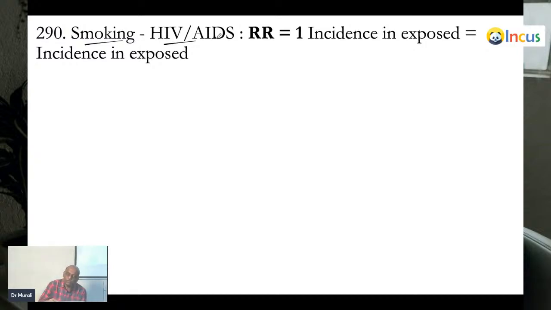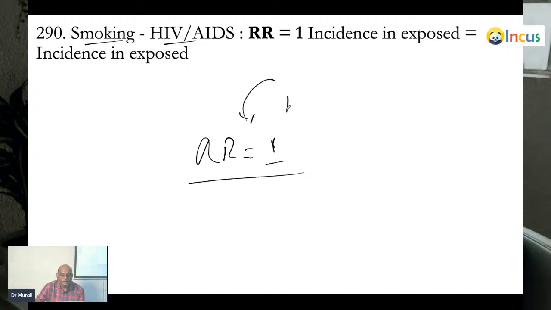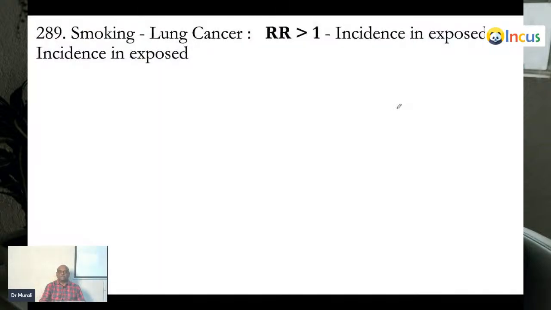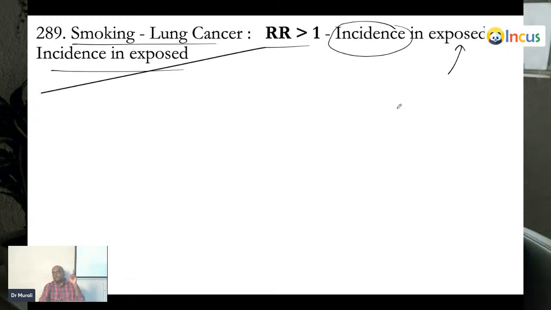Whether they smoked or not, if they had unprotected sex, then HIV chance is equal. Smoking has nothing to do with that. So if the relative risk is equal to 1, that means there is no relation between the etiological factor and the happening of the disease. Relative risk more than 1 means definitely the etiological factor has an influence on causing the disease.